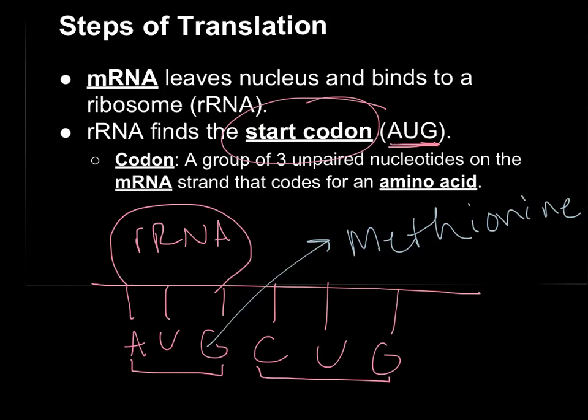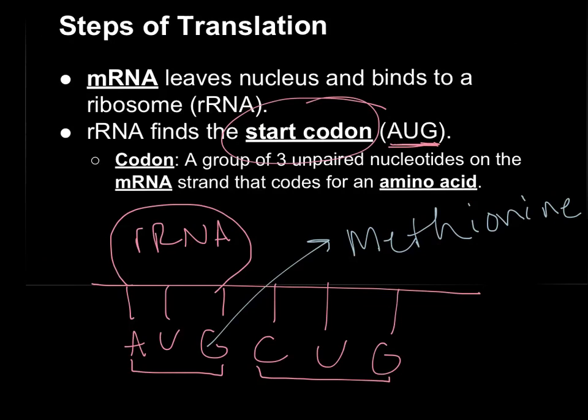So if you look at your codon wheel that your teacher provided for you, you start in the very center. The first letter you look for is A. A would be one of those four in the center. Then you're going to go outward from A and you're going to look for U. Then you're going to stay in that little narrow area and you're going to look for G. And that's going to point to the amino acid methionine.